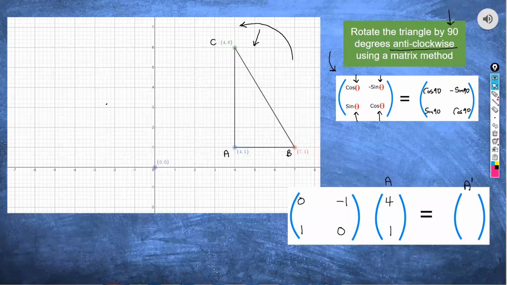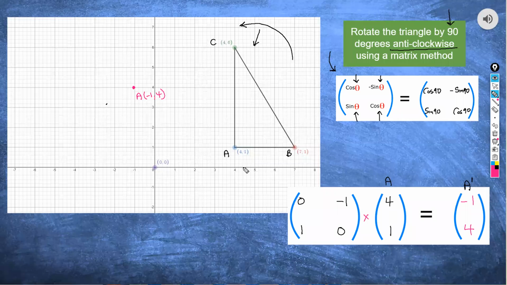When we multiply this matrix by 4, 1, I am getting minus 1, positive 4. And I think that was the most popular answer on the chat, right? Minus 1, and we go up to 4. That should be somewhere around here. So I'll put in the points for the examiner, minus 1 and 4.